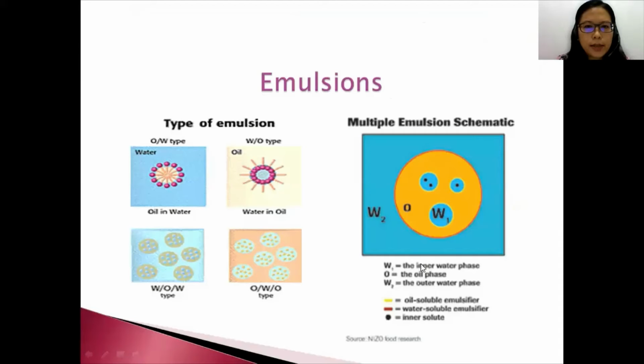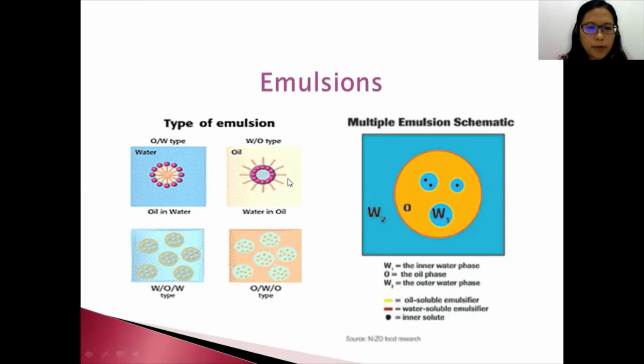So what is an emulsion actually? An emulsion is basically composed of two immiscible phases, whereby one phase is dispersed in another phase. Basically we have two types of emulsion. First is the oil-in-water type, and the second is the water-in-oil type.